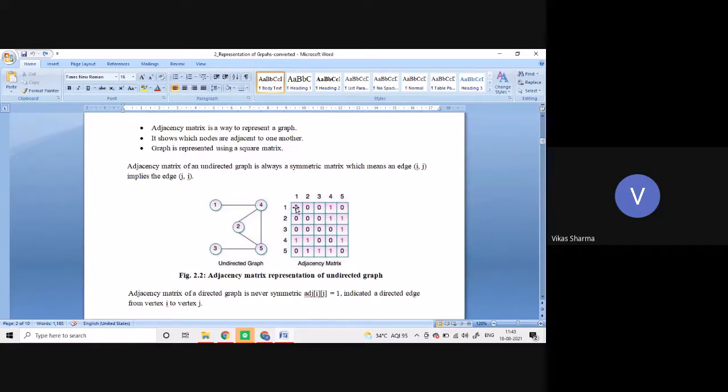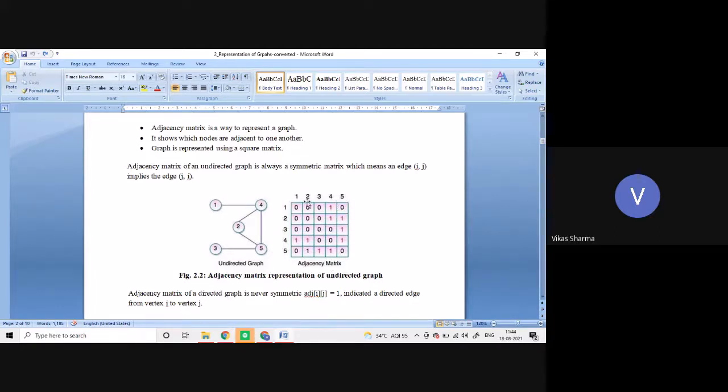For the combination 1 to 1, the connection is 0, because 1 is not connected to itself. 1 to 2, there is no adjacency, because there is no connection between 1 and 2, so we put 0 here. 1 to 3, there is no connection, so we put 0. 1 to 4, yes, the nodes are connected, so we put 1 here. And 1 to 5, there is no connection, so we put 0 here.